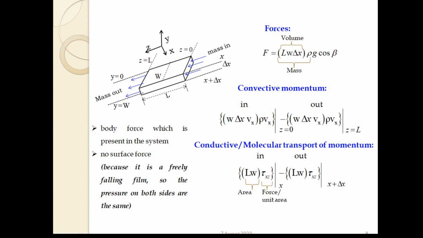So we have to integrate this tau xz over dz and dw, and the limits on z must be 0 to L and the limits on y would be 0 to W. The z will be 0 to L, because the length of that control volume in that z direction, where the shear stress is acting on the top and the bottom of that control volume, is L.